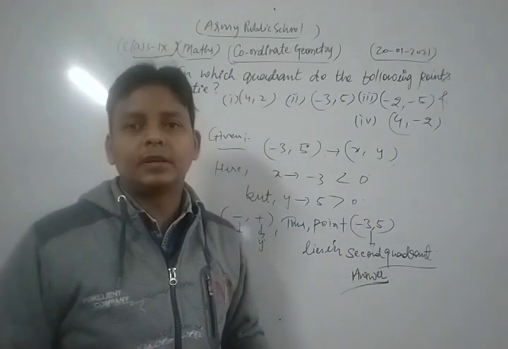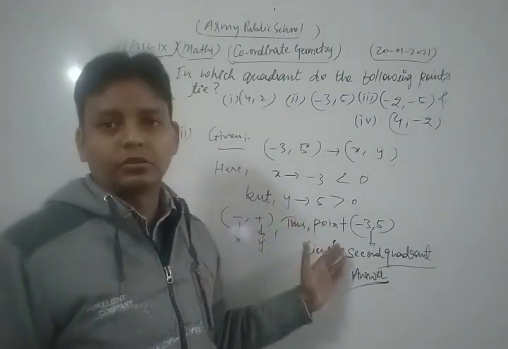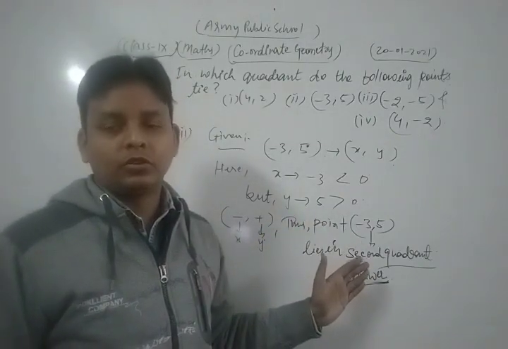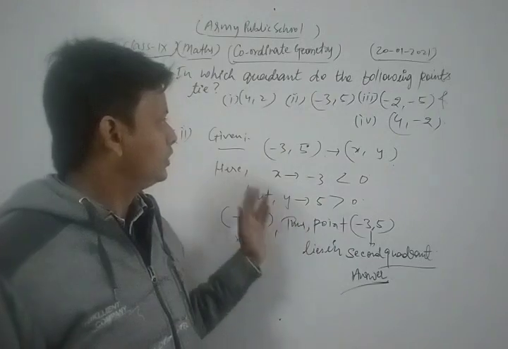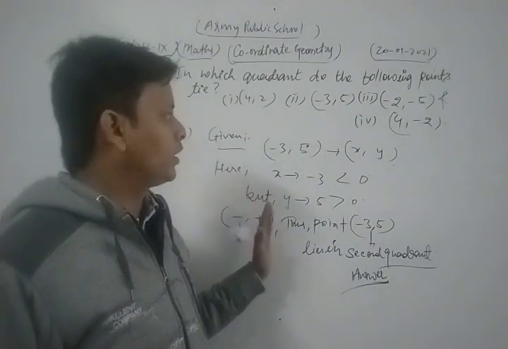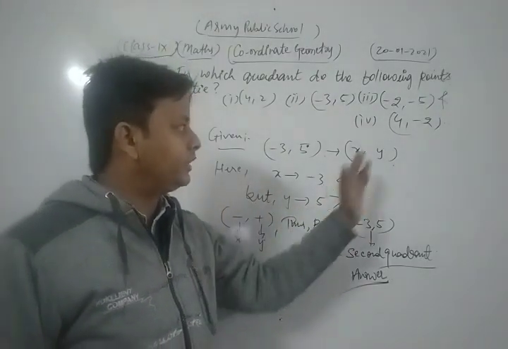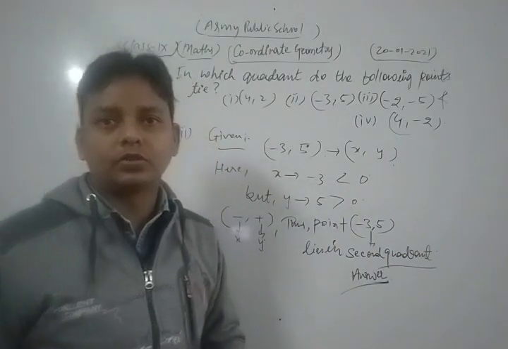This is the answer. Okay, dear students, so this is the concept of that question. This is a very important question. Now this was the second part of this question. Similarly, we take and discuss the third part of this question. Okay, let's see.